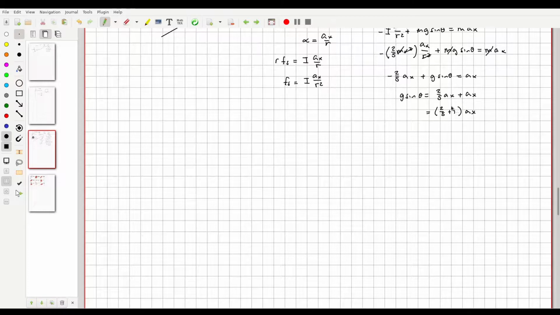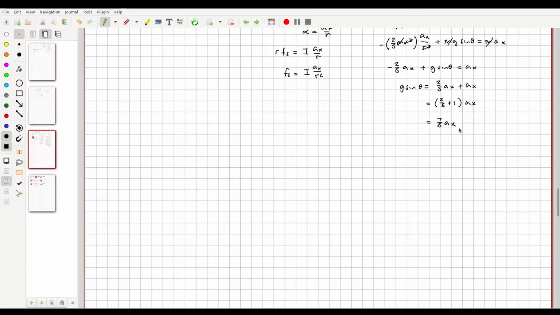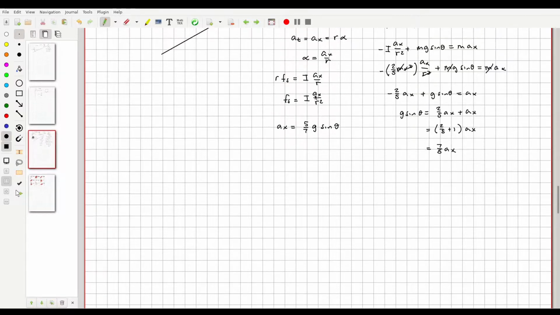One is 5/5. This would be 7/5. If I solve for a sub x, I get that a sub x is equal to 5/7 g sine of theta. Now look, this is what you get for, like I said, a sphere.